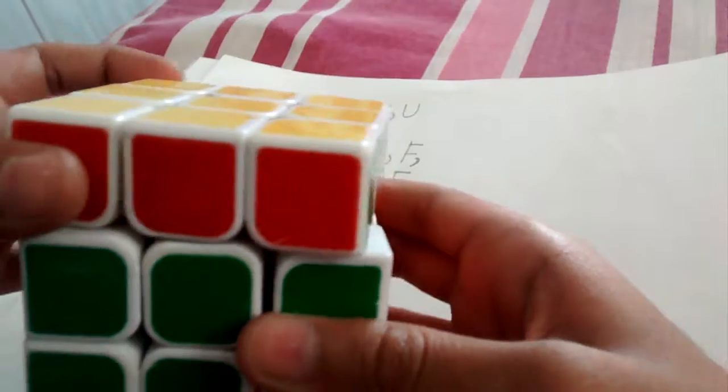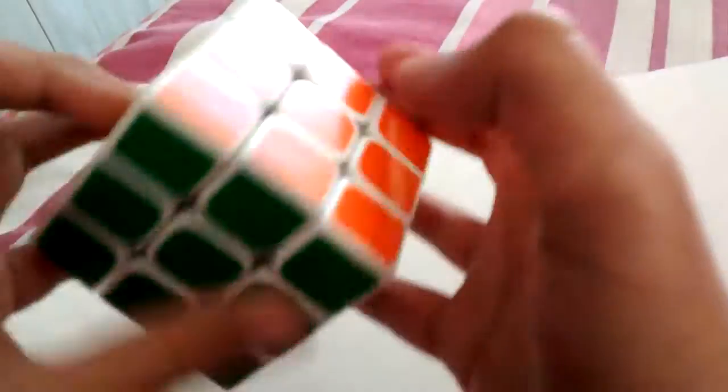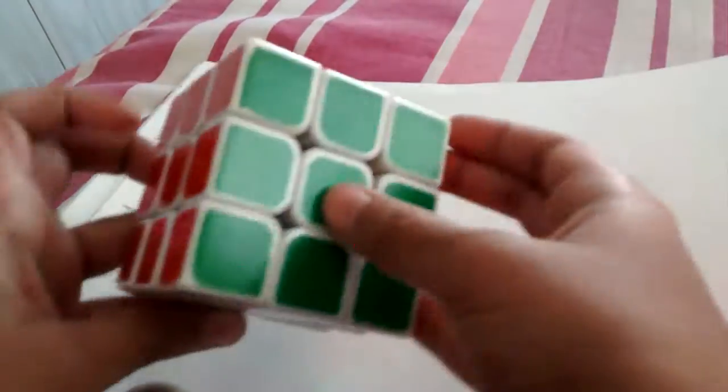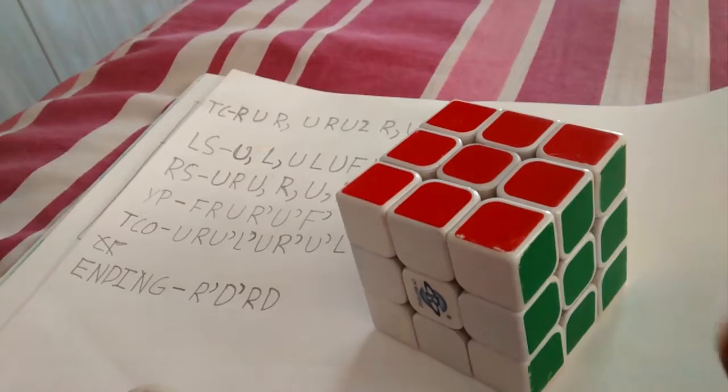Just do here. See, your Rubik's Cube has got solved. See, all sides have got correct. All the sides are correct: blue, white, green, red, yellow, orange. So your Rubik's Cube has got solved.